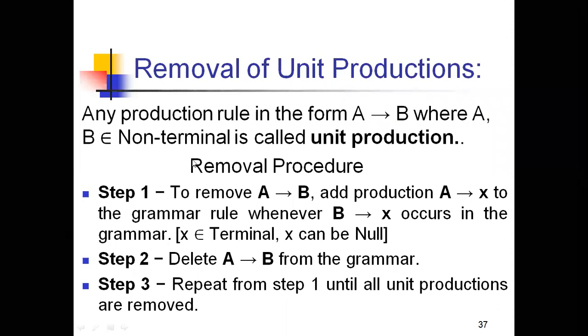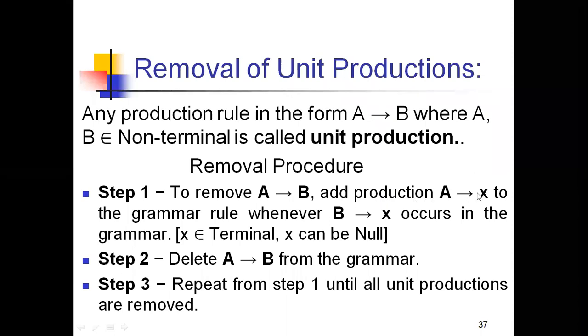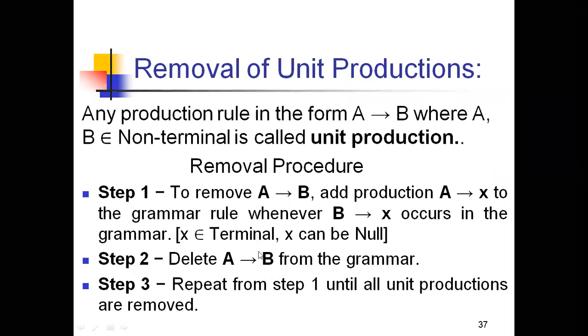To remove A tends to B, where B has another rule, A tends to X, so it occurs in the grammar. X belongs to the terminals, and X can be a null. And step number two is you need to delete A tends to B from the grammar. You need to repeat step number one until all the unit productions are removed, right?